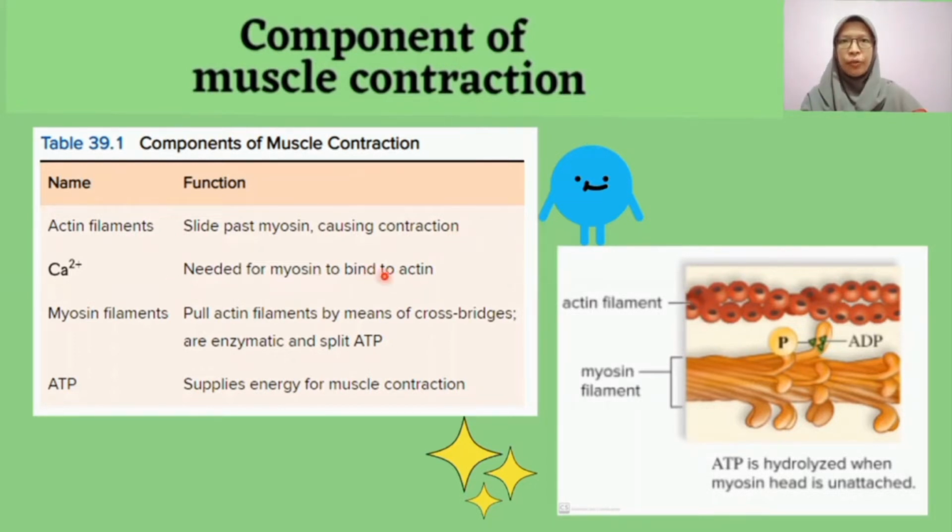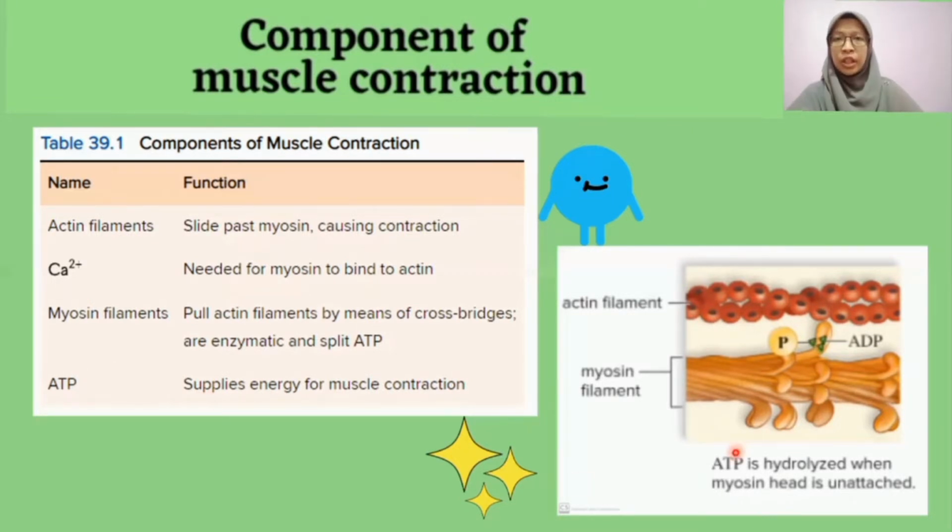Ca2+ is needed for myosin to bind to actin filaments. Myosin filaments will pull actin filaments by means of cross bridges, which are enzymatic and split ATP. And the last one, ATP supplies energy for muscle contraction.